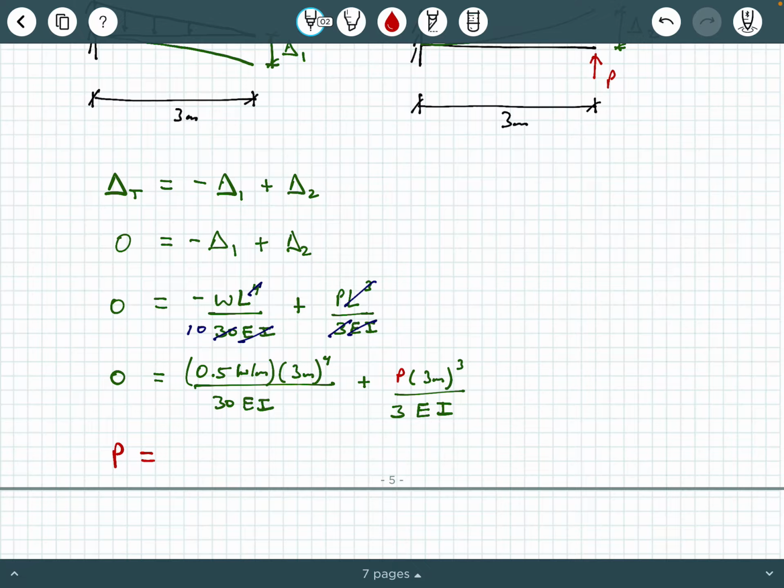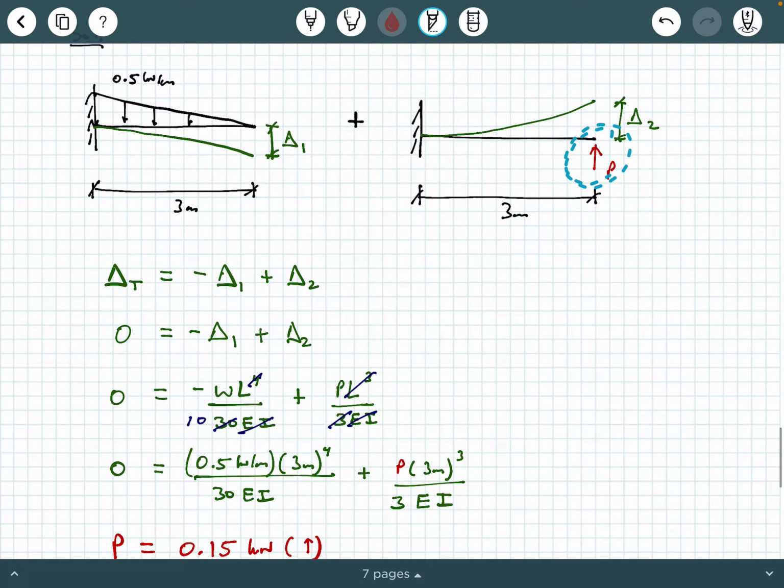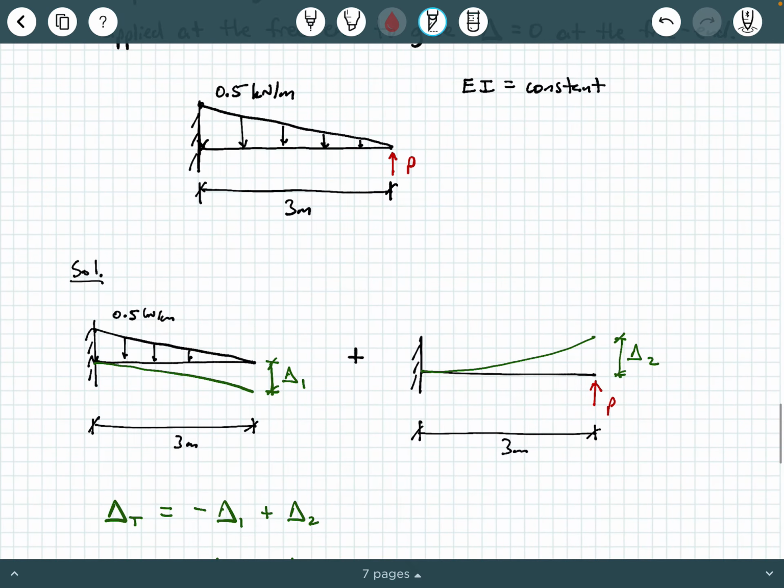And so you should end up getting a value of 0.15 kilonewtons, pointing upward, of course, okay? And again, what this means is this would be the force P that you would have to apply at this free end to cause this beam to not deflect at that specific point, okay?